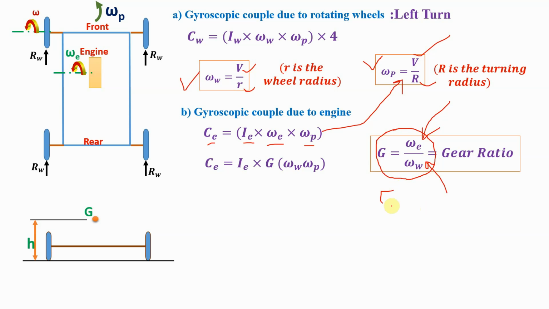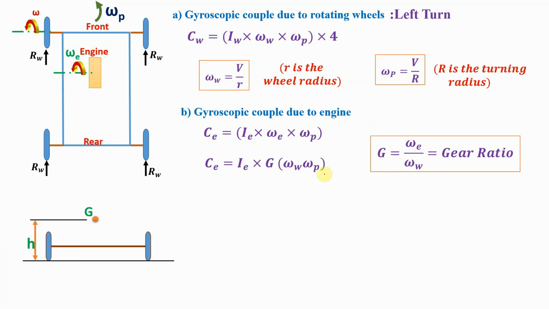So you will always write the equation for G as engine speed divided by wheel speed. Using this, we will eliminate omega E. So we get CE equals IE into G omega W into omega P as the gyroscopic couple due to engine.